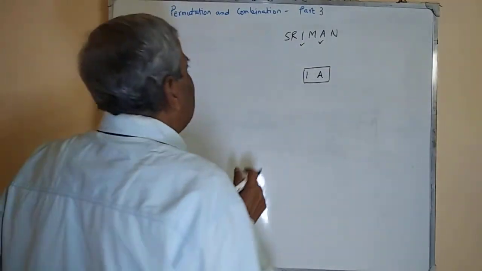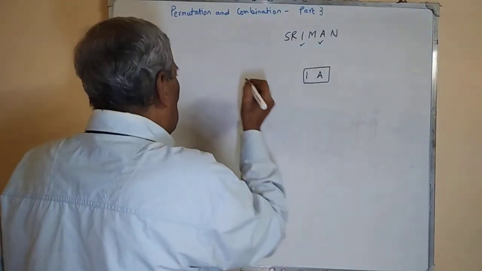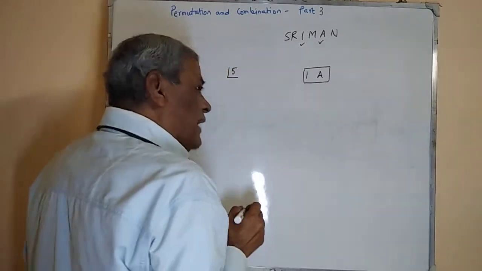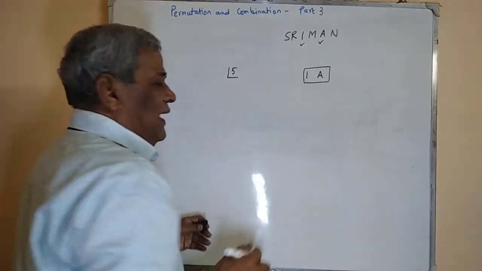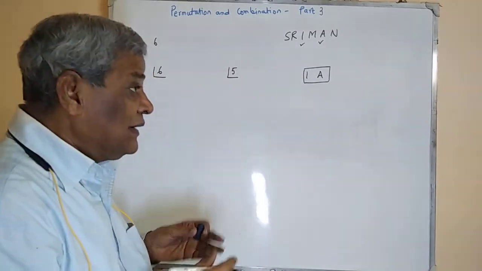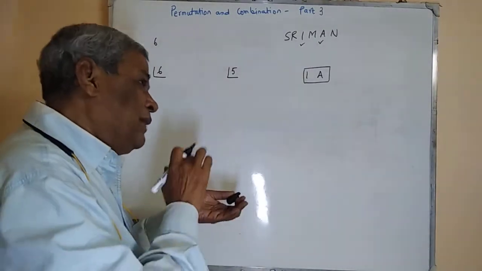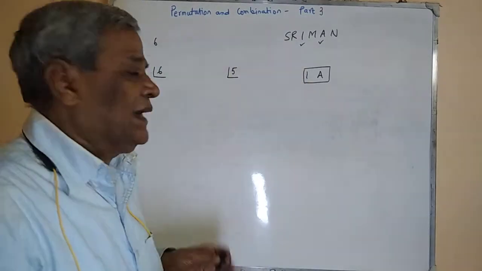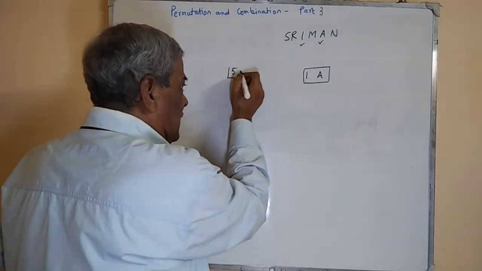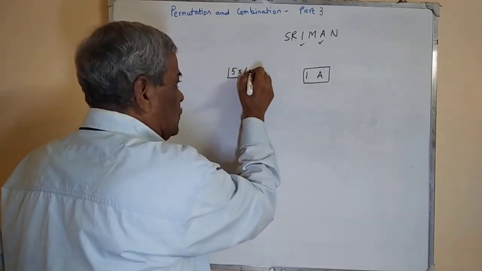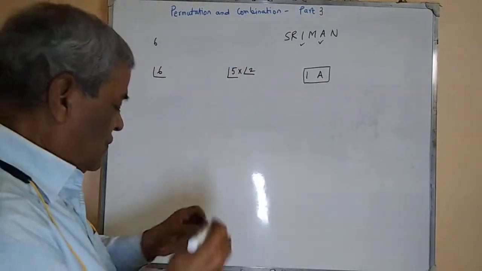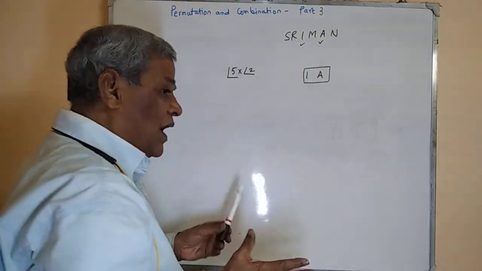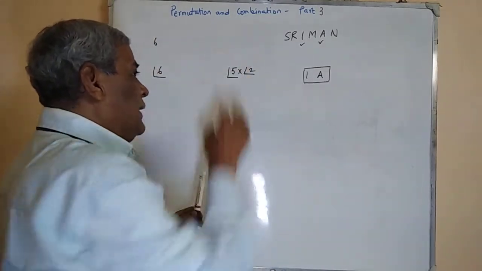So in that case, the total number of words will be factorial 5, and I and A will not be separated, but they can interchange: first A then I, then also vowels will be together. So along with factorial 5 into factorial 2, this is the answer when vowels are together, and the total number of words is factorial 6.